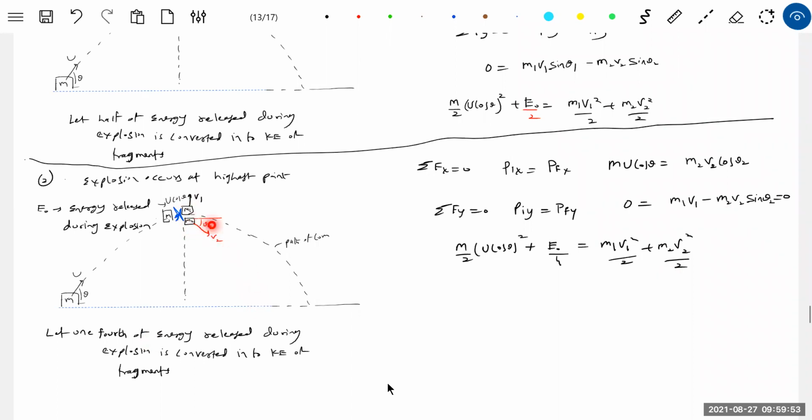So here it will go and land somewhere here. I think I'll draw the trajectory properly. The trajectory will come like this. The other one will land here.